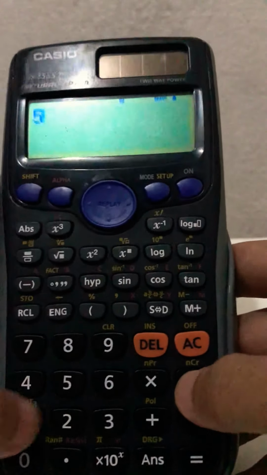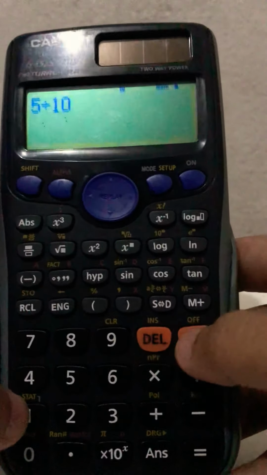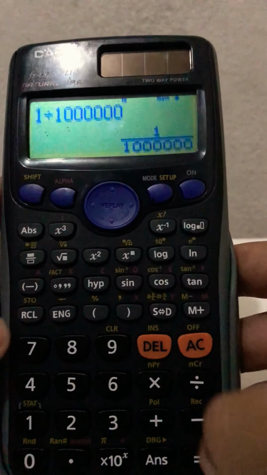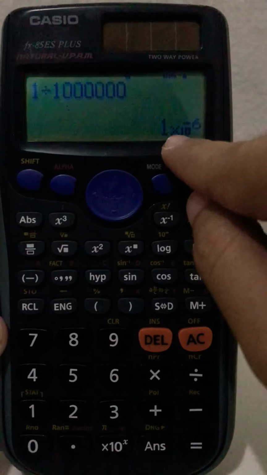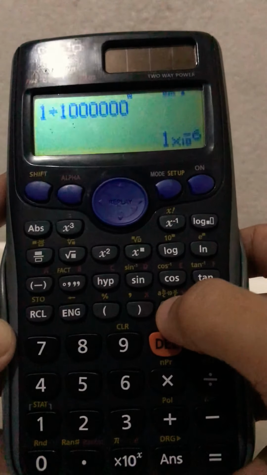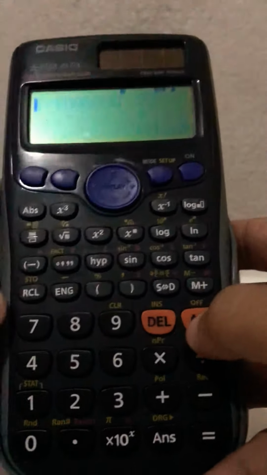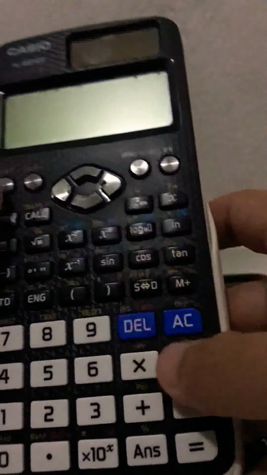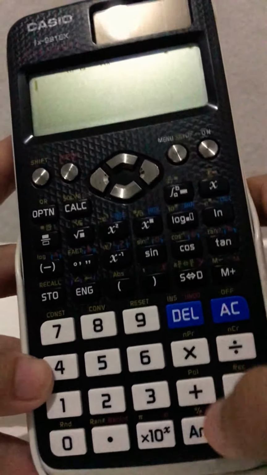And if we do 1 divided by that, scientific notation. Okay. So same thing here. You just have to do the clear.